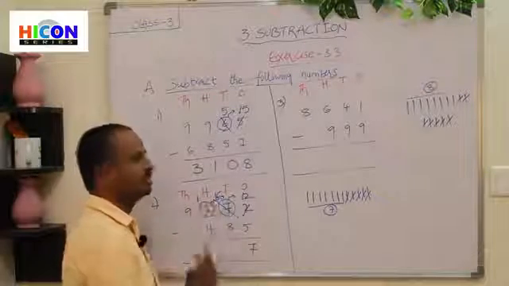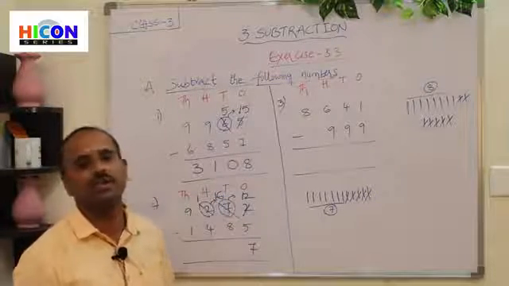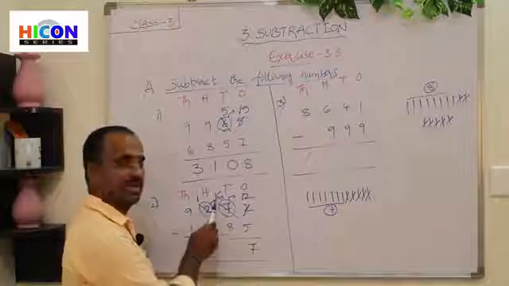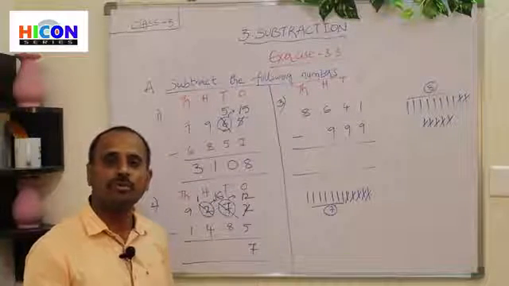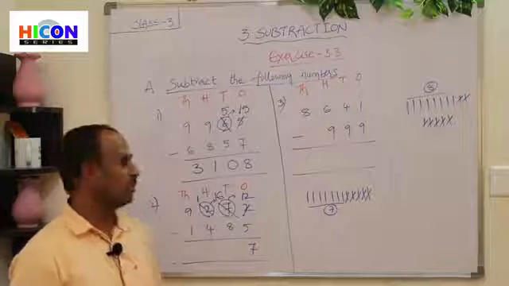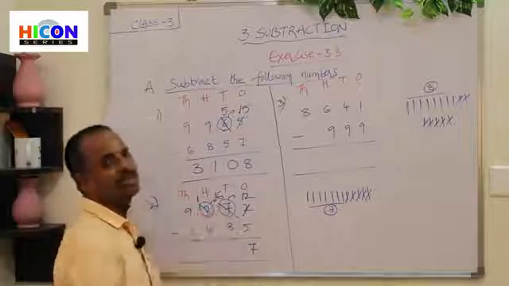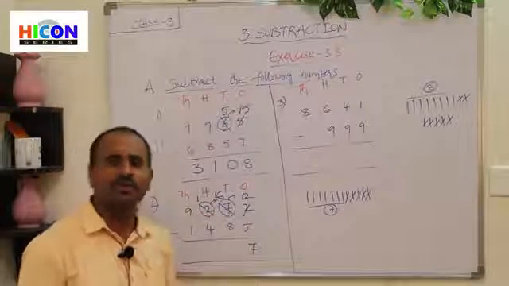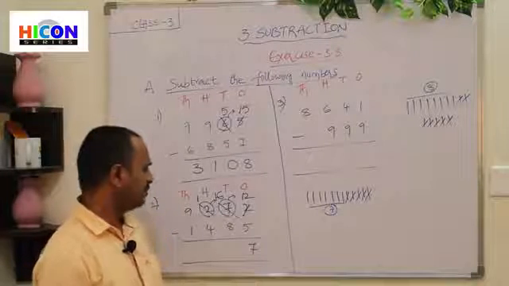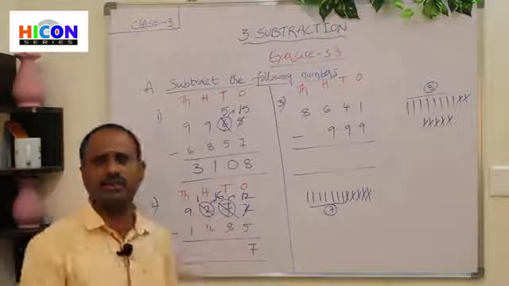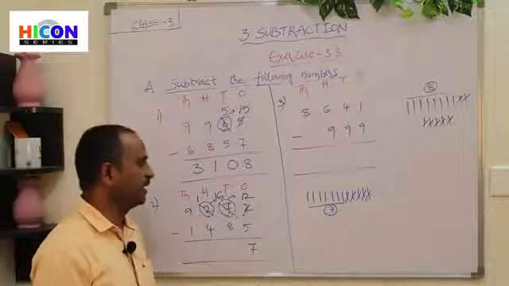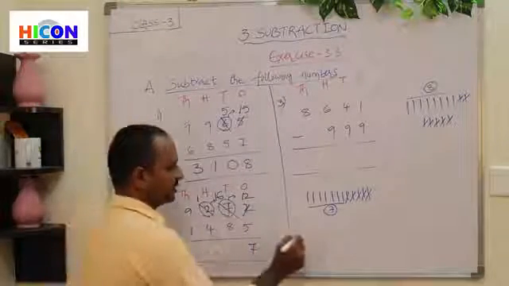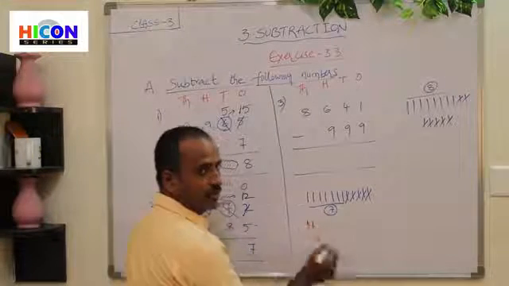That means 16 tens are there. Now the subtraction is possible here because 16 is the greater number, 8 is the smaller number. So now open 16 fingers of our hand, but we have only 10 fingers. If the number is more than 10, then we have to draw lines in your notebook. So how many lines do we have to draw? 16 lines. So draw 16 lines in your notebook.